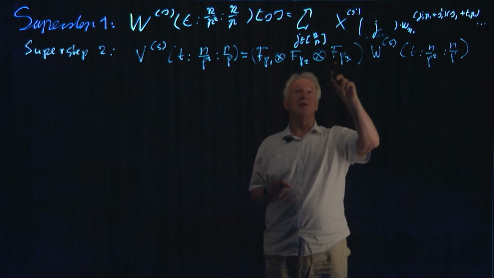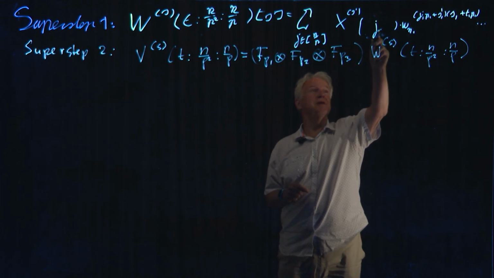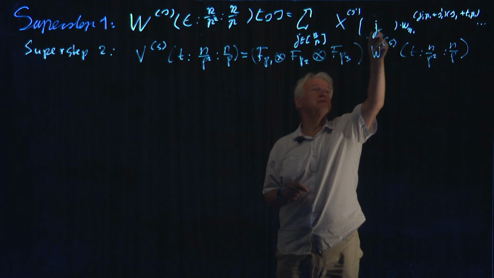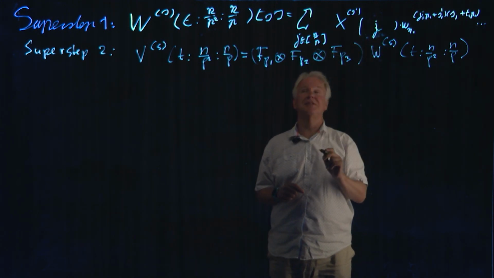we take the result of the previous superstep, but please note we made an error here. The index of the xs prime should simply be the j, like we have here. So that is important.